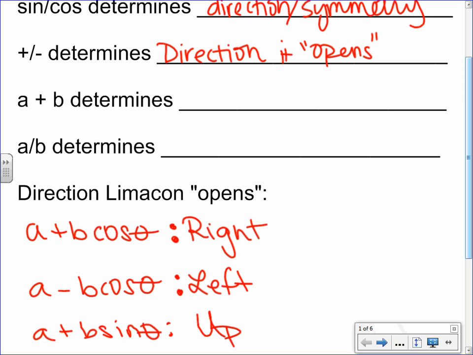Okay, I wouldn't say how big it is, but what is the second thing I made you fill out on your worksheet yesterday? Max R value. With our roses, that was the length of the petals. Okay, a plus b.